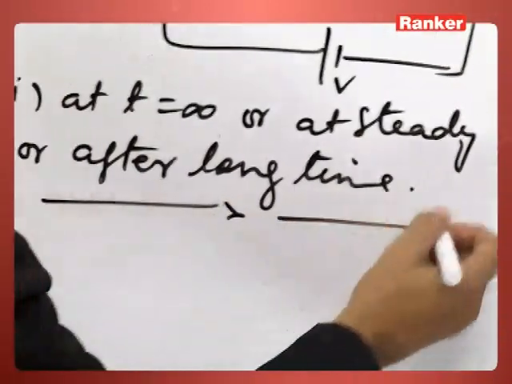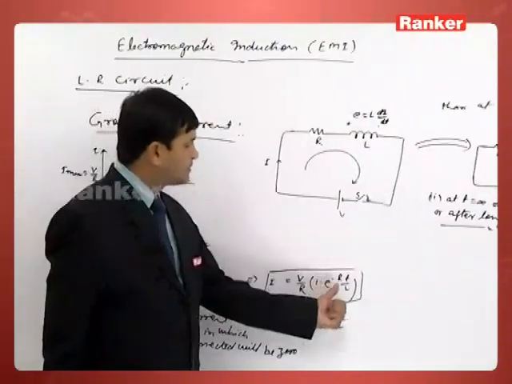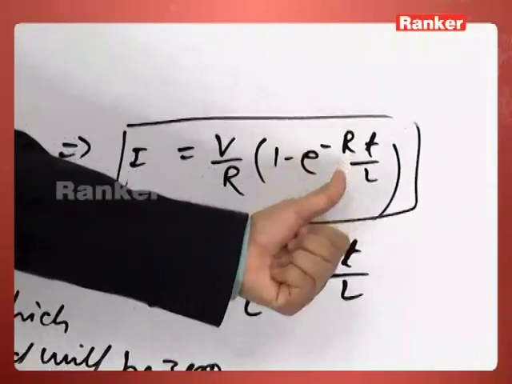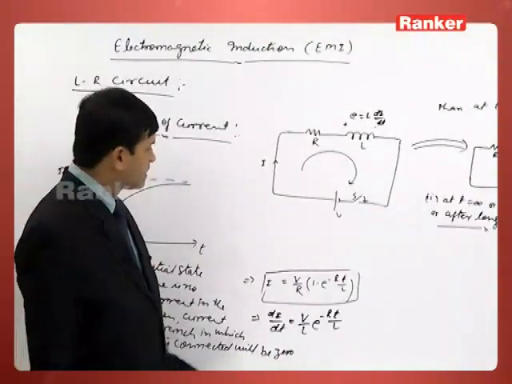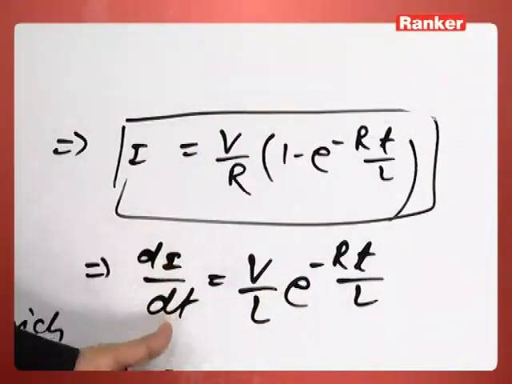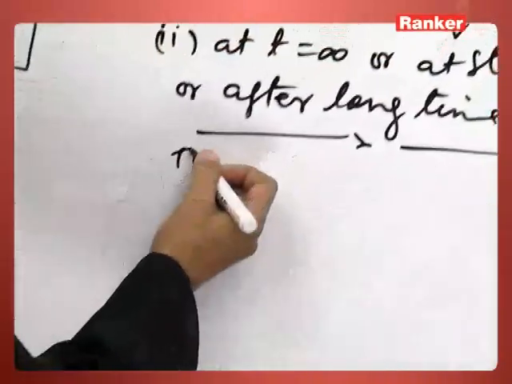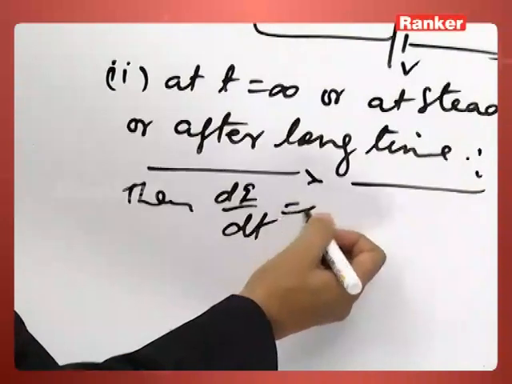All have the same meaning. See, at t is equal to infinity, if we look here, this term will be 0. So current will be V by R, and this term is 0, so di by dt is 0.